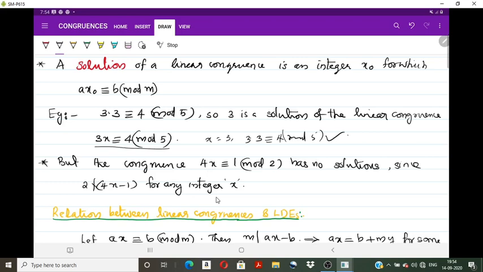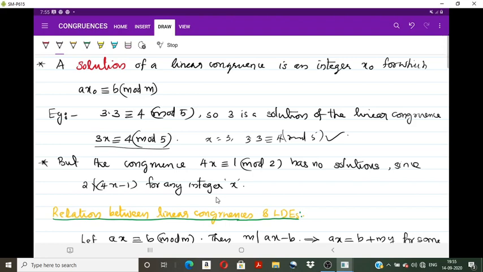Since 4x is 4 into x, it is even, minus 1 is odd, and 2 is an even number which cannot divide an odd number. So 4x congruent to 1 modulo 2 has no integer solution for any value of x. This linear congruence is not solvable.